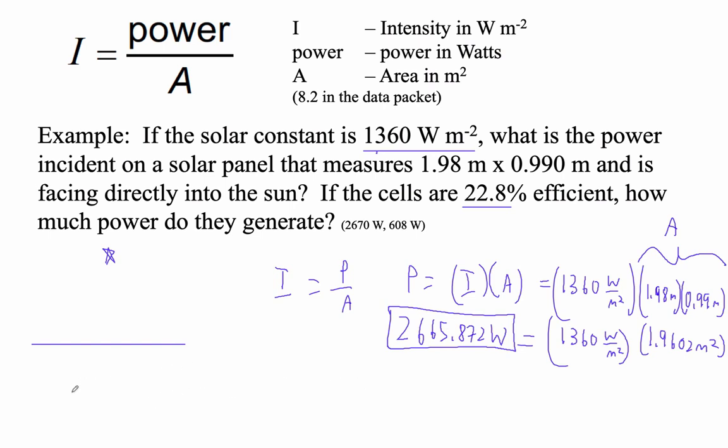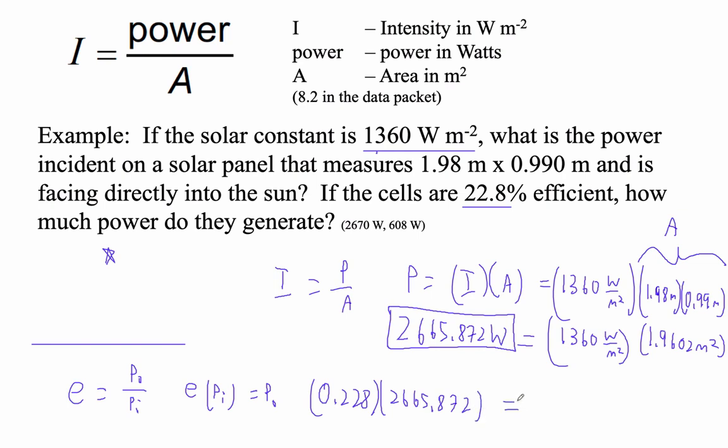That's easy, right? Efficiency is power output over power input. This is our power input, so efficiency times power input is our power output. So 0.228, that's 22.8%, times 2,665.872.